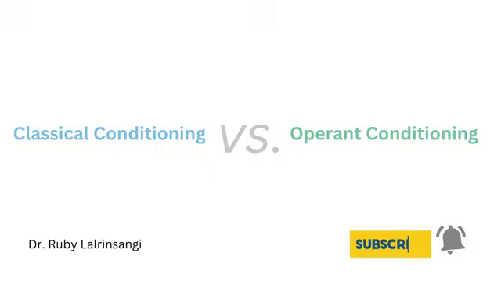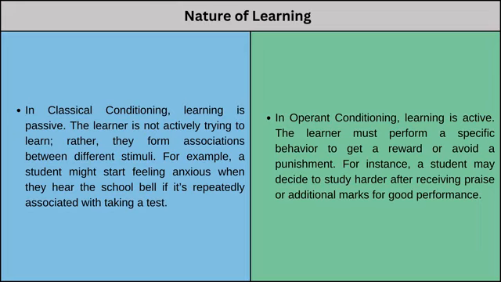Now, let's get started. The first difference can be seen in the nature of learning. In classical conditioning, the learner is more passive. The learner here is not consciously trying to learn something. Instead, they form association between different stimuli. Think of it like a student who begins to feel anxious when they hear the school bell because the bell has repeatedly been associated with the start of a test.